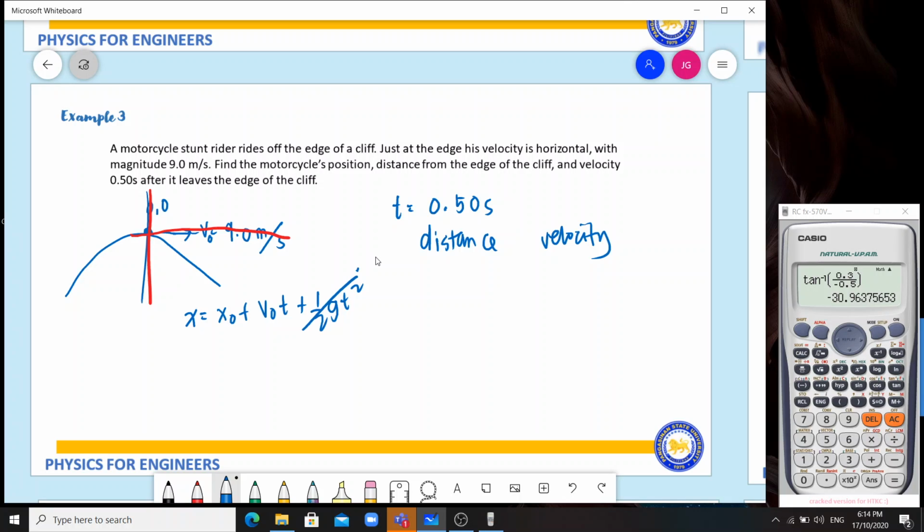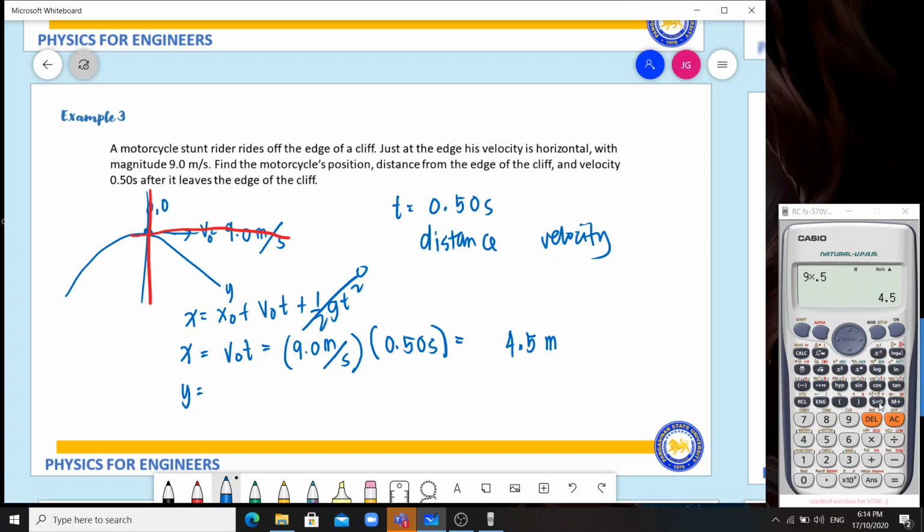Wala tayong acceleration sa x, so ito lang siya, v0t. So, ang v natin dito is 9.0 meter per second. Wala ring angle kasi horizontal lang siya. Times time na 0.50 seconds. 9 times 0.5, that is 4.5 meters.